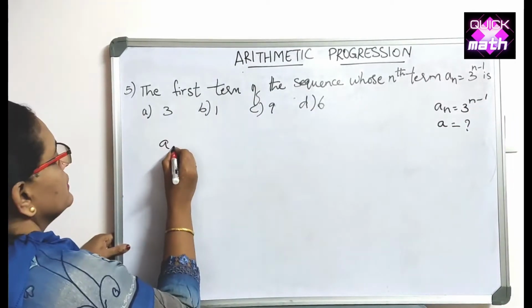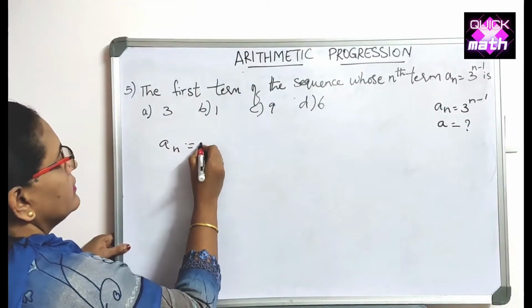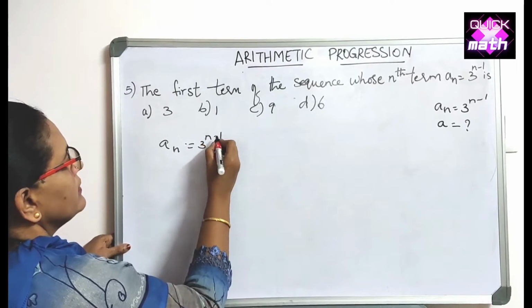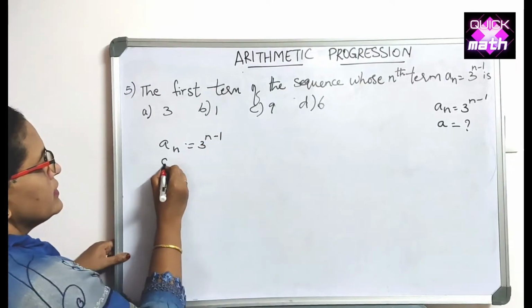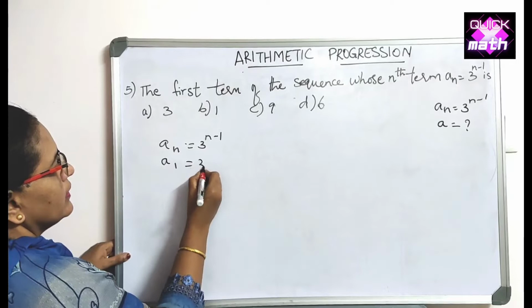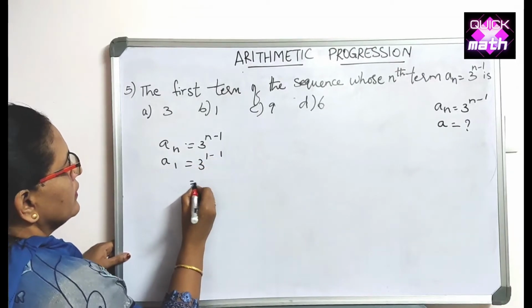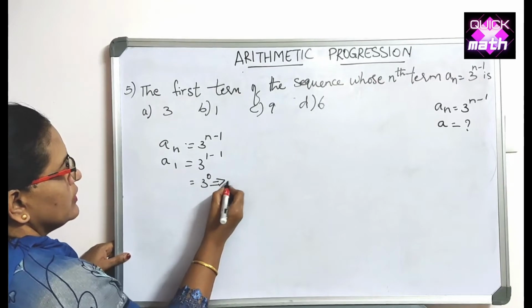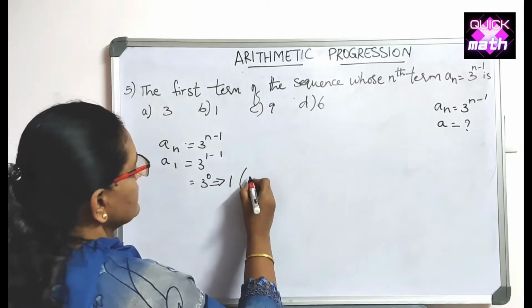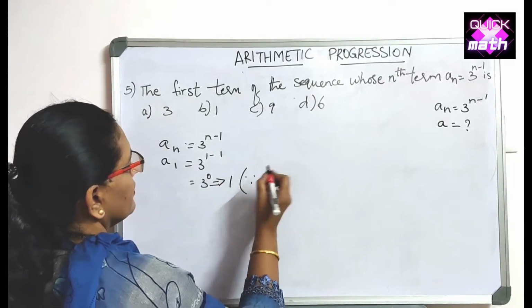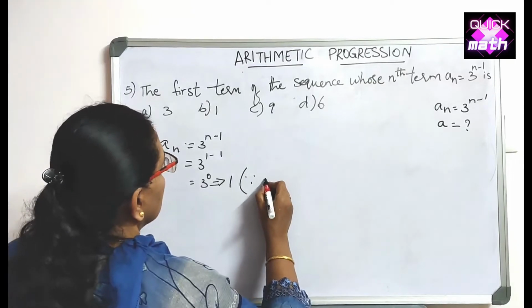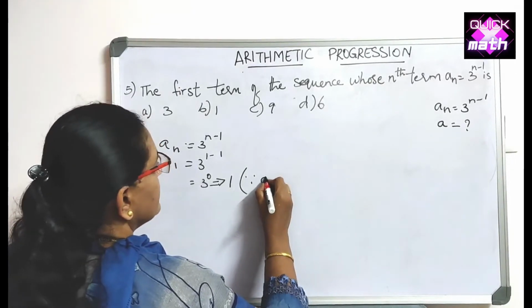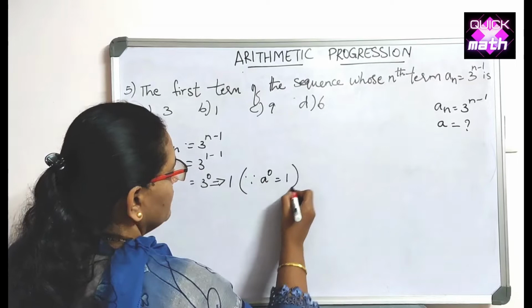So the given equation is an is equal to 3 to the power of n minus 1. You have to find out the first term, that means it is a1. So it is 1 minus 1. So 3 to the power of 1 minus 1 is 3 to the power of 0. 3 to the power of 0 is 1 because of the law of exponents, that is a to the power of 0 is equal to 1.